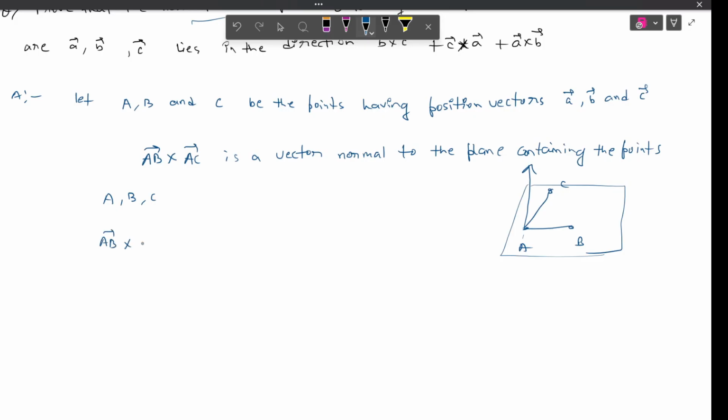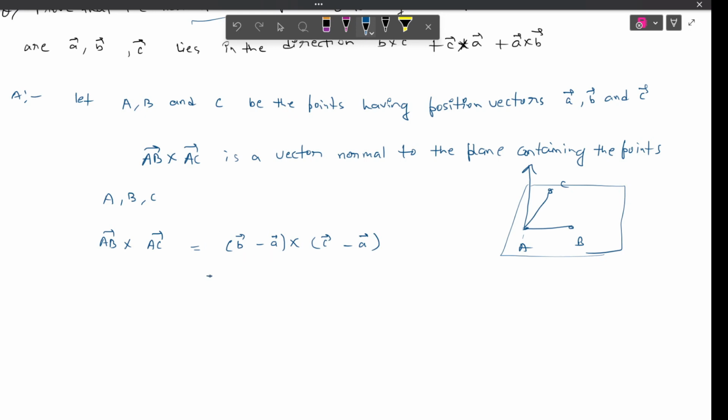So AB cross AC. AB, that is final minus initial. Position vectors are given. B vector minus A vector cross AC means final minus initial, C minus A. Okay.